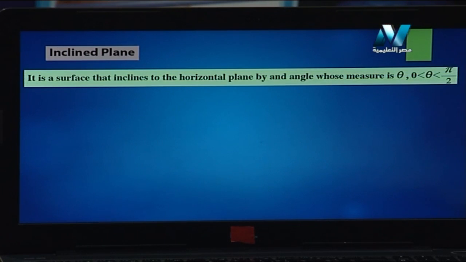Inclined plane. What is the inclined plane? My dear students, look at me. We move on roads and we have straight roads like that, but we also have bridges. If we have a bridge like this one, it's an inclined plane. The cars move from the street and go up onto the bridge.